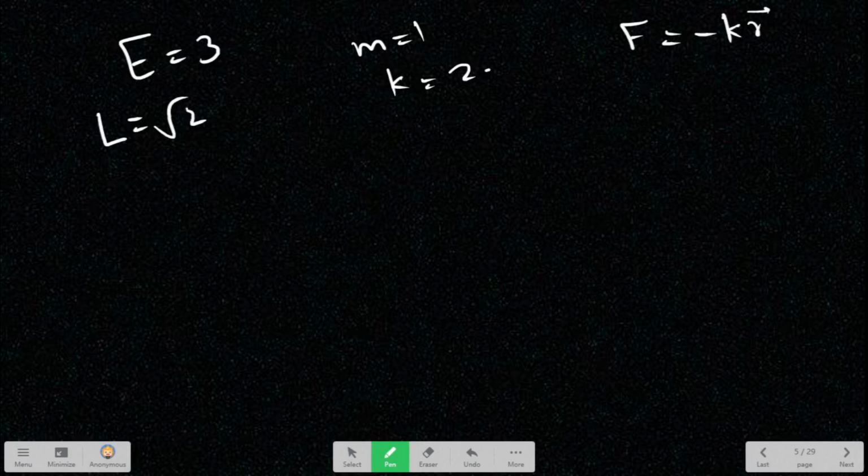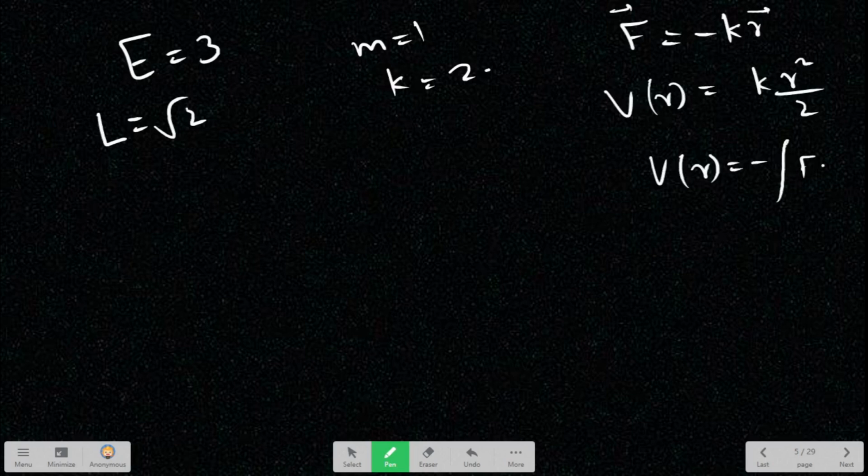F is equal to minus KR means V of R is equal to KR square by 2, because V of R is equal to minus the integral of F dr. And K is equal to 2. This implies V of R is equal to 2 times R square by 2, which is R square.